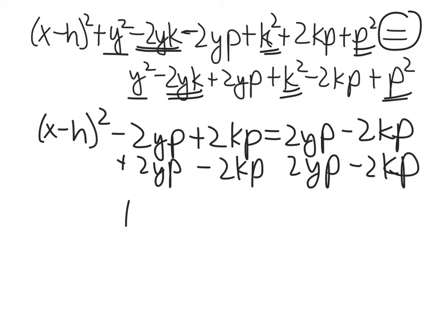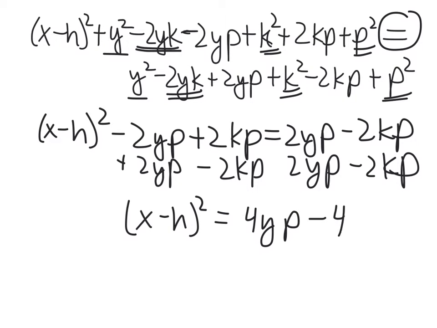And the left side ends up being x minus h quantity squared. The right side we get 4yp minus 4kp, and we're almost to our standard form.